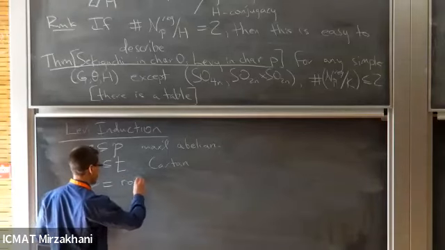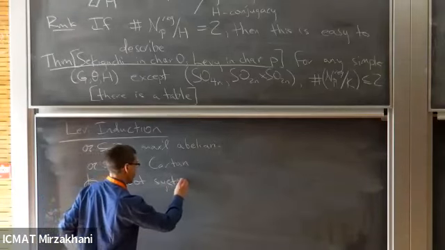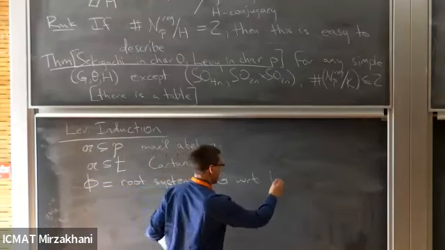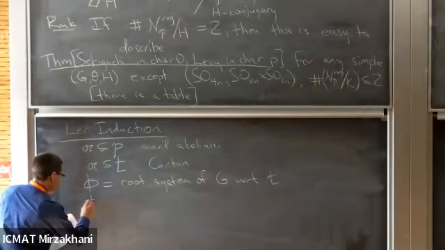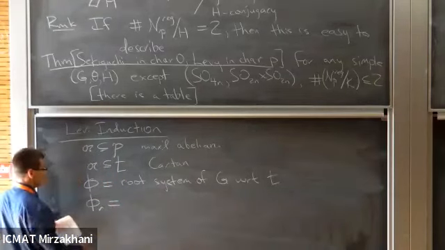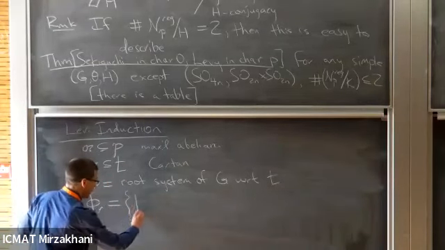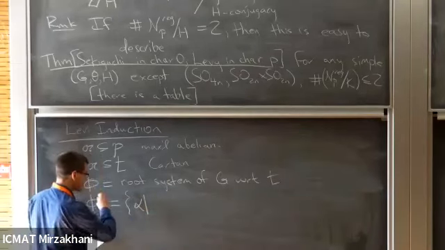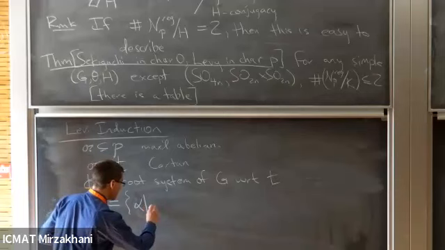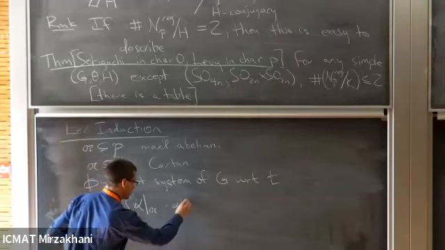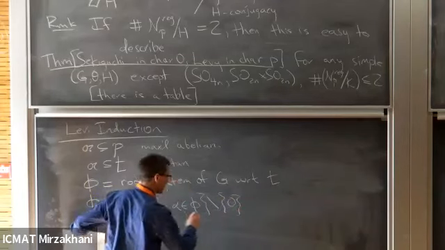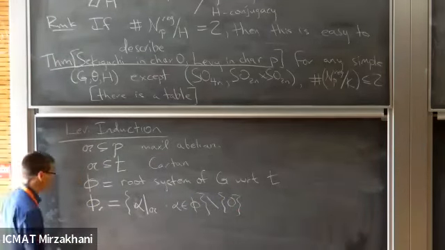So this will be the root system of G with respect to T. Then I can define the restricted root system to be the restrictions of roots in Φ to A, and throw away 0 if I get any zeros.